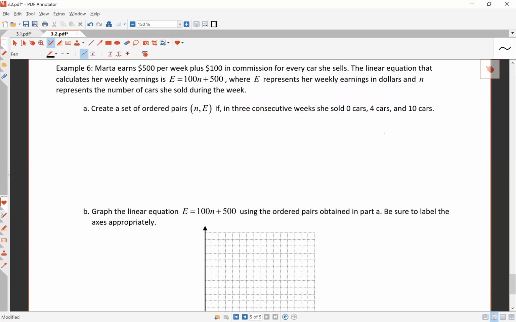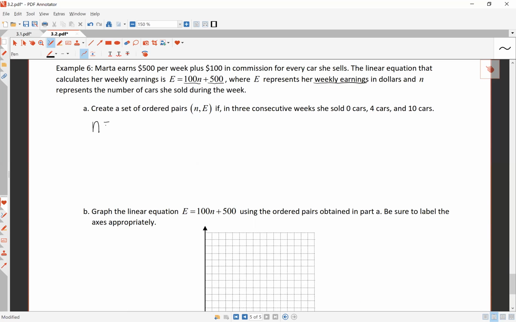The linear equation that calculates her weekly earnings is E equals 100n plus 500. E represents her weekly earnings. That includes the fixed salary of $500 a week and the $100 per car that she sells. So n is the number of cars she sold during the week.